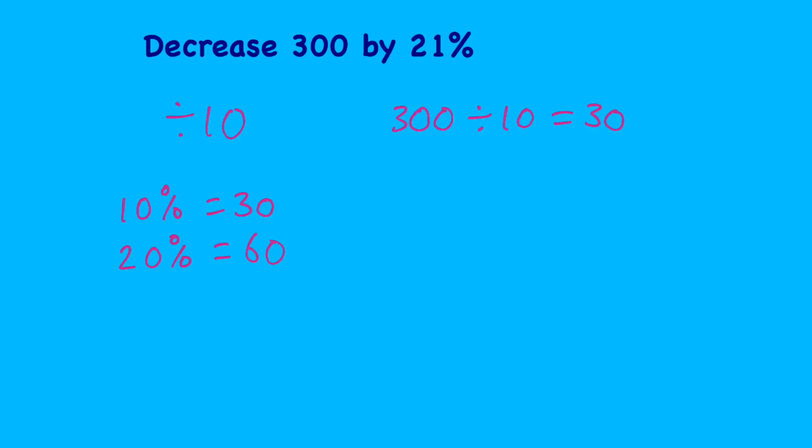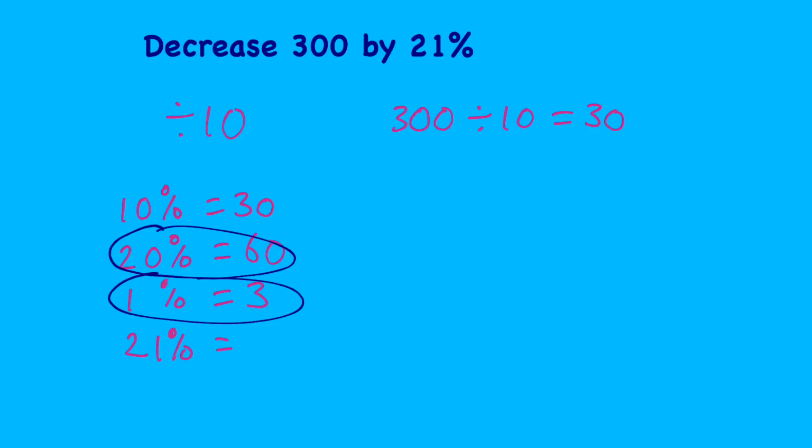What I'm going to do is, I know that 10% is 30, and 1% is a tenth of 10%. So I'm going to find a tenth of 30, which is 3. So my 21% is composed of 20% and 1%. Therefore, it equals 63.